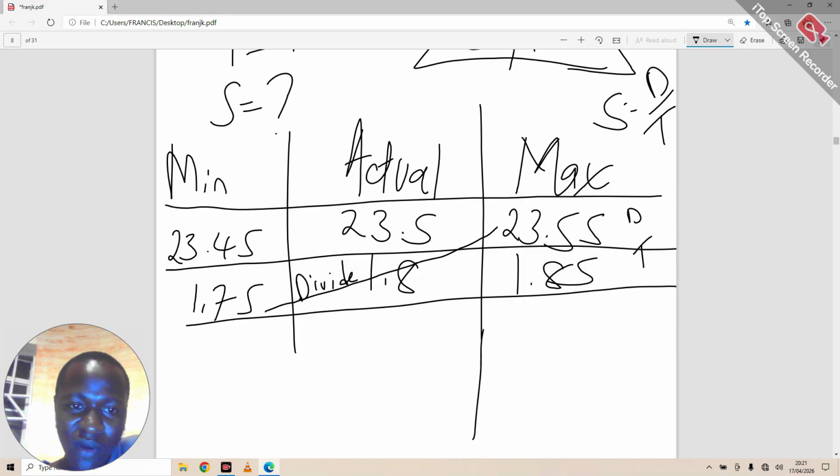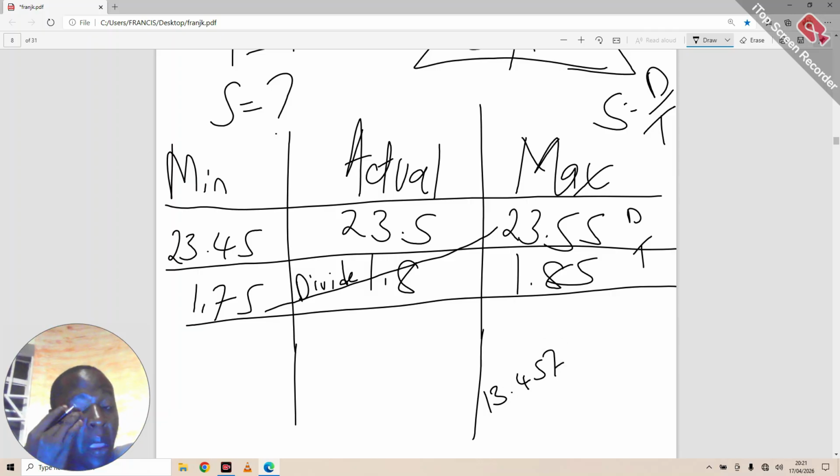Just write the whole number, no matter how long it is. So here we have 13.457 286.